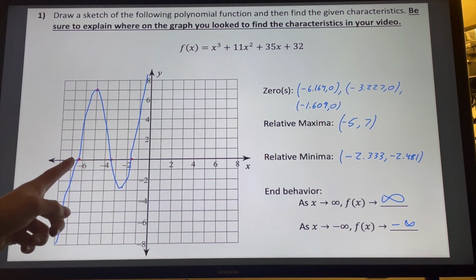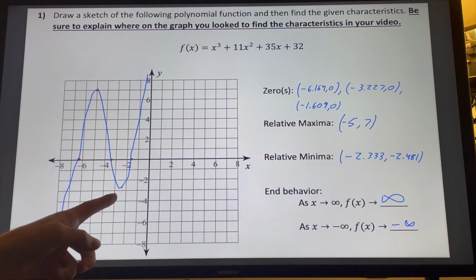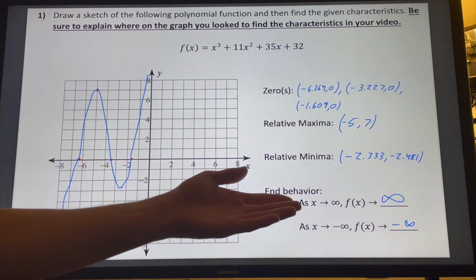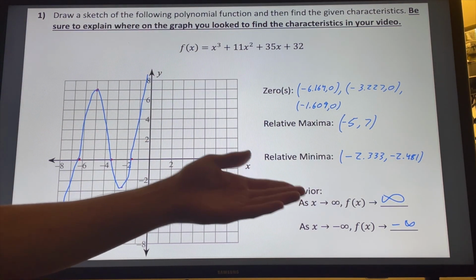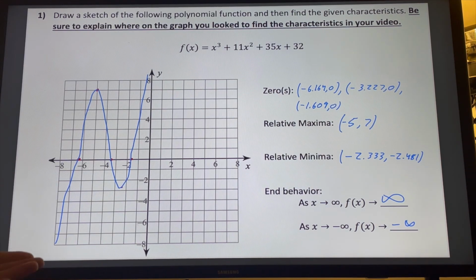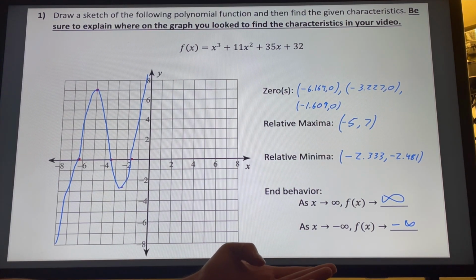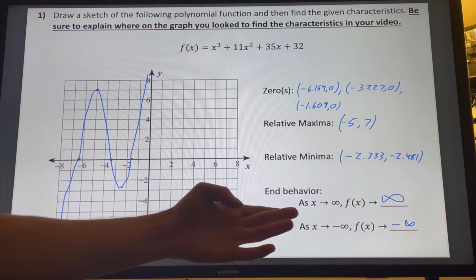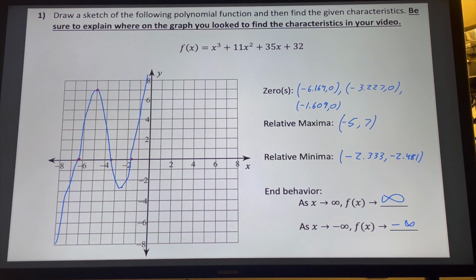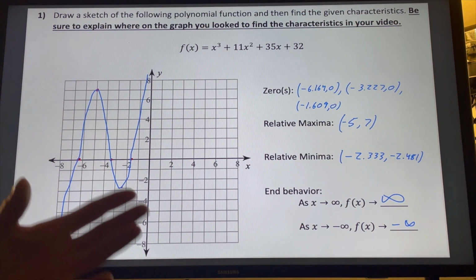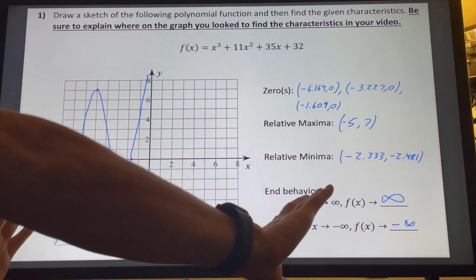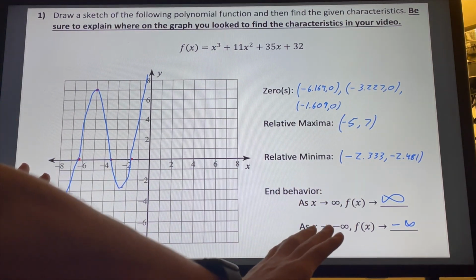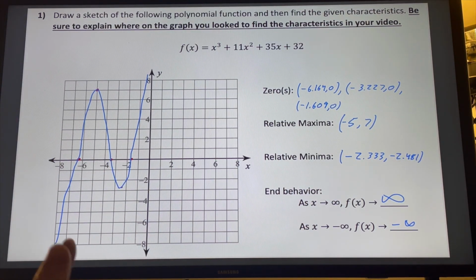So to start off, here's the graph. For now, you're just going to have to trust that these are all the right points until I break that down on the graphing calculator software. But for now, let's talk about the end behavior. As x approaches infinity, so as x becomes more positive in an infinite way, what is happening to our f of x?